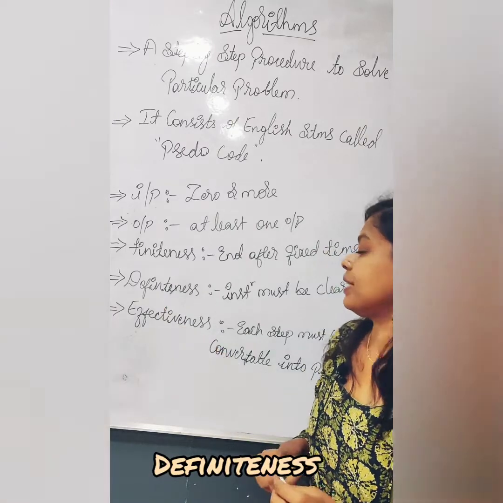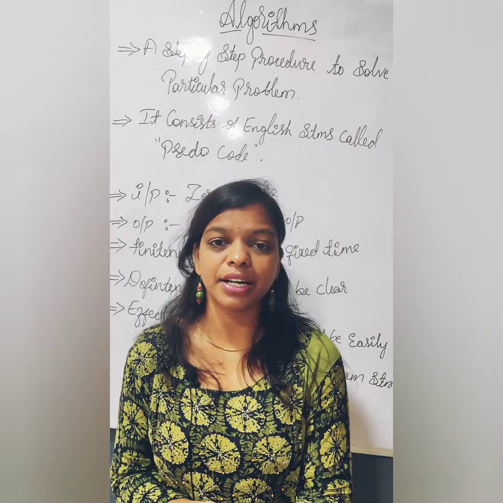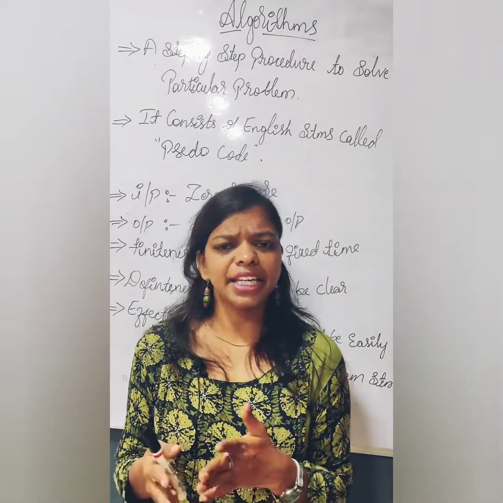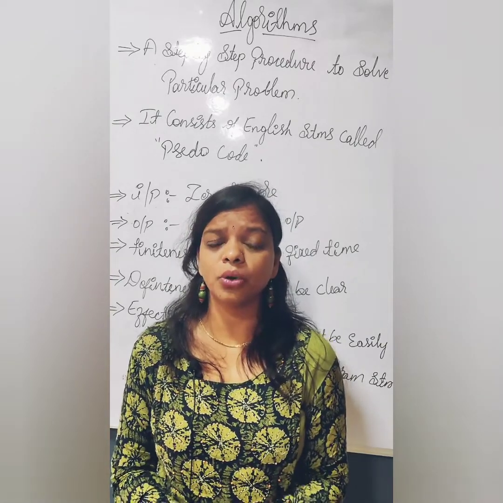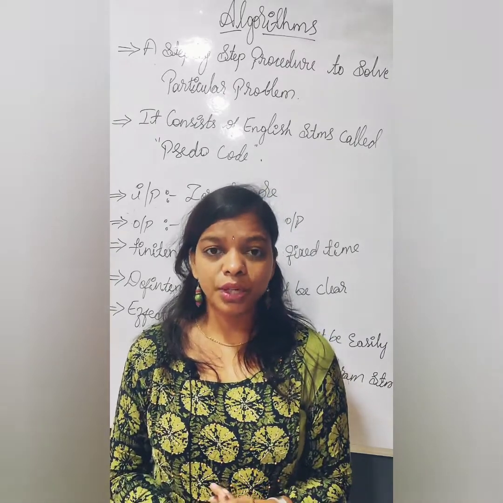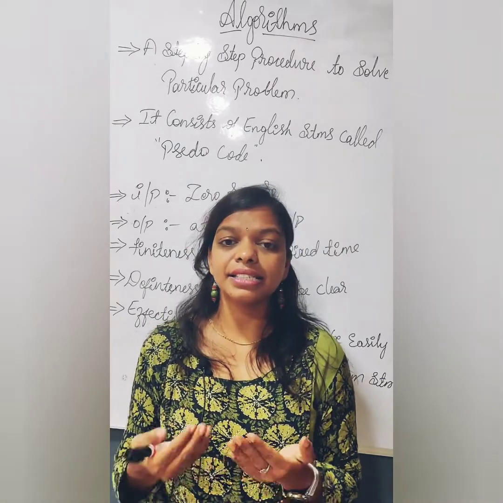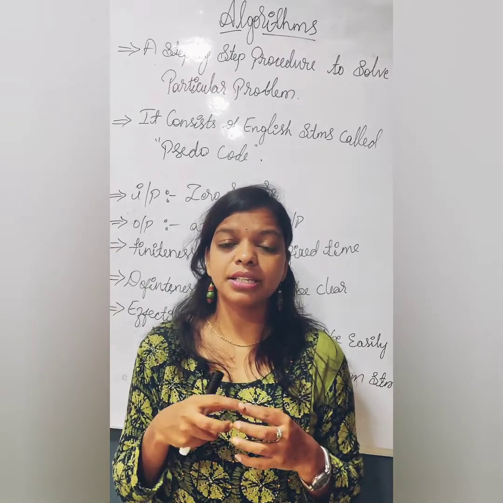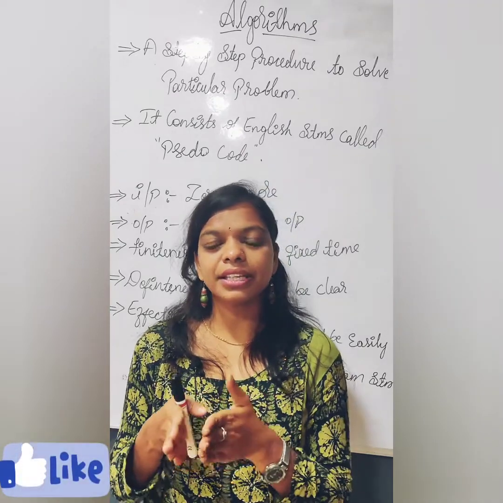Next is definiteness. Definiteness is nothing but the instructions, whatever we are writing, must be very clear. Clear in the sense that any normal people, not only the programmers, whenever they look at the algorithm, can easily understand what is input, what is output, what is the processing, what all the equations we are going to mention.